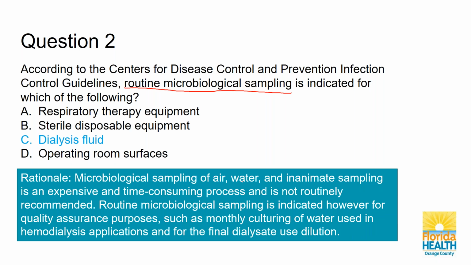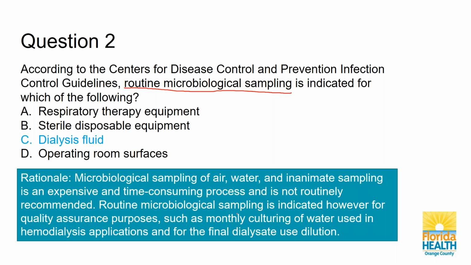Microbiological sampling of air, water, and inanimate sampling is an expensive and time-consuming process and is not routinely recommended. Routine microbiological sampling is indicated, however, for quality assurance purposes, such as monthly culturing of water used in hemodialysis applications and for the final dialysate dilution.